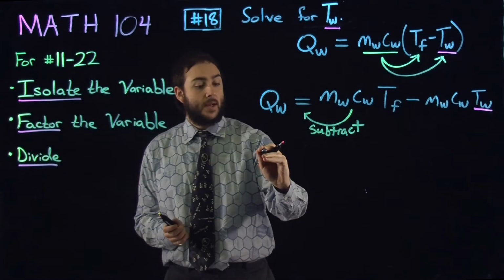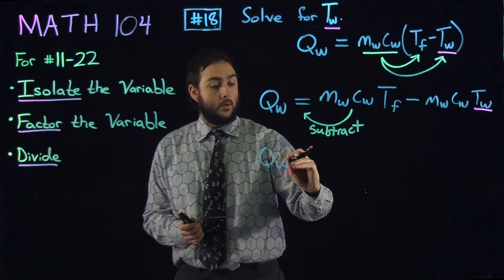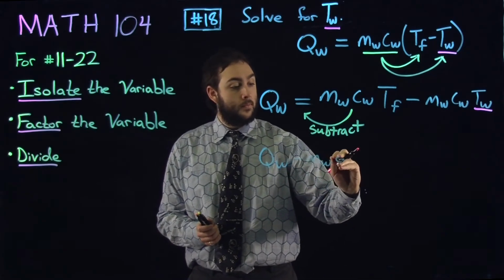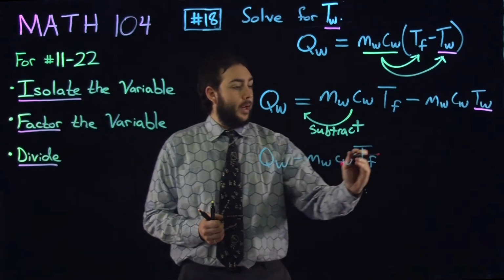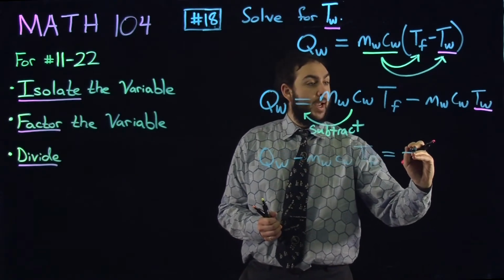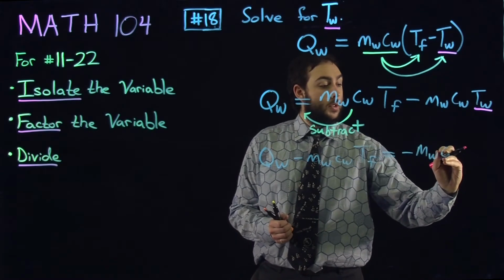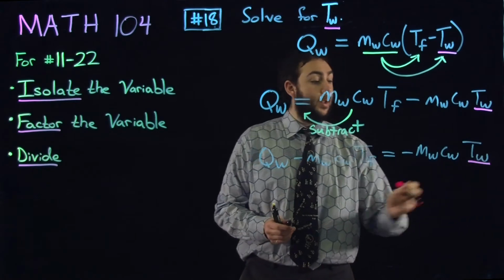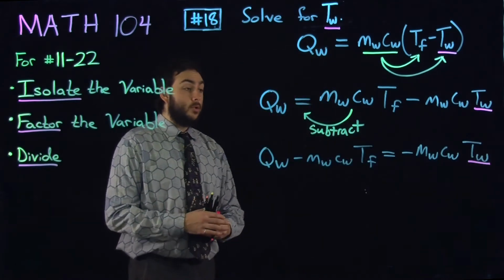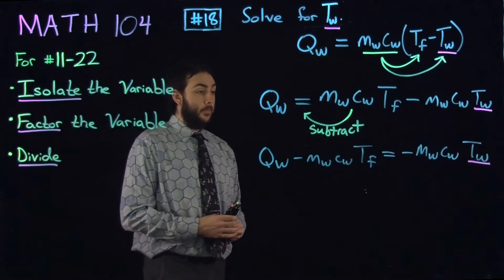So now our left side looks like this, and our right-hand side looks like minus m sub w, c sub w, t sub w. So at this point, the t sub w term is isolated.